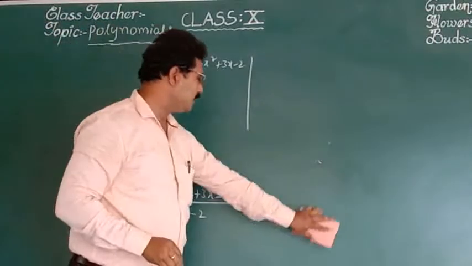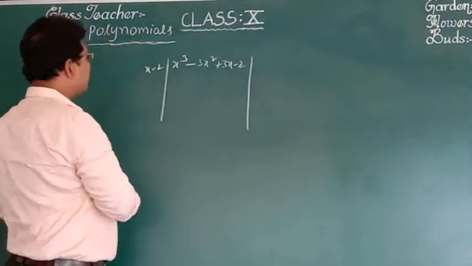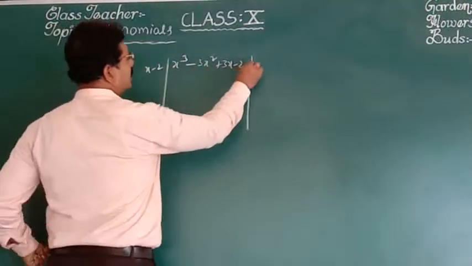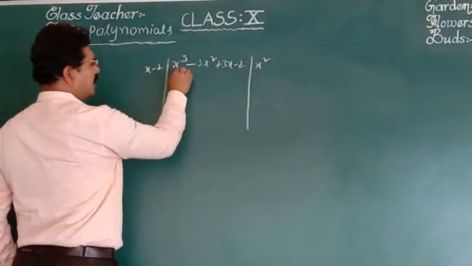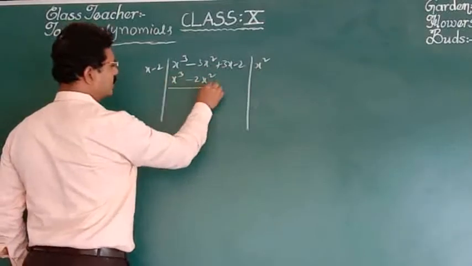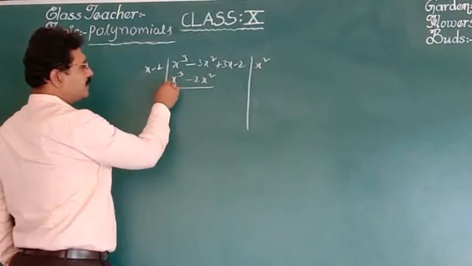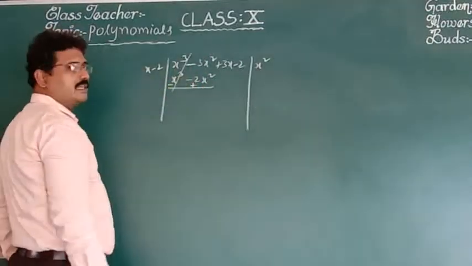Then only it is easy to get g of x. Now see, x minus 2 is there. So x means here you keep on the right side x square. x square into x minus 2 gives x cube minus 2x square. Now if you subtract, the symbols are changed. This is minus and this is plus. x cube gets cancelled.